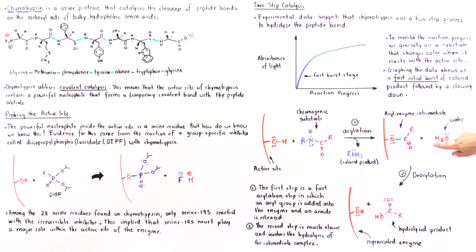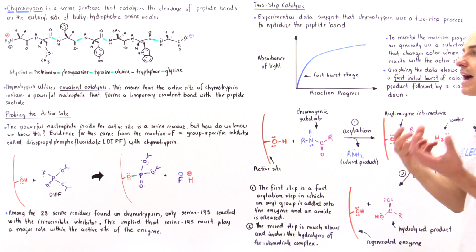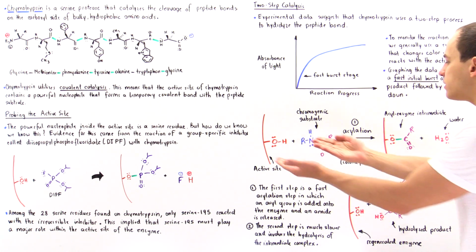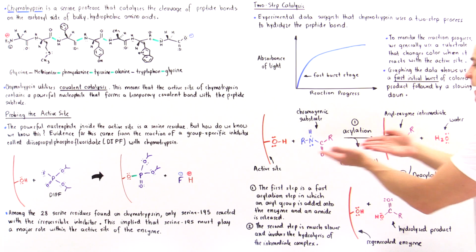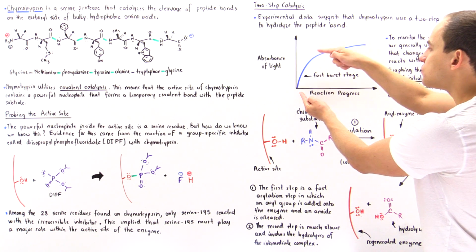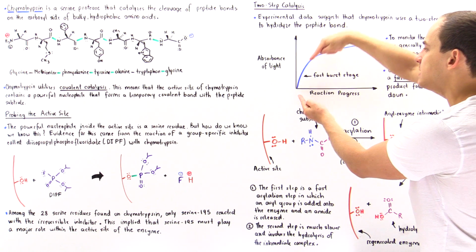The H from the water molecule is given to that oxygen on the serine, and so ultimately we regenerate that enzyme, and then we also form that hydrolyzed final product in which we now have a peptide bond that has been broken. And so this is the very quick step that takes place that accounts for this relatively steep slope.